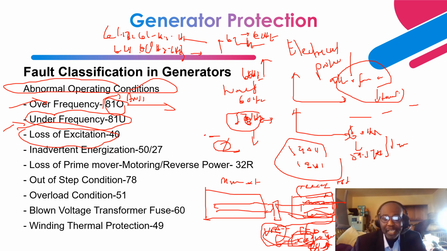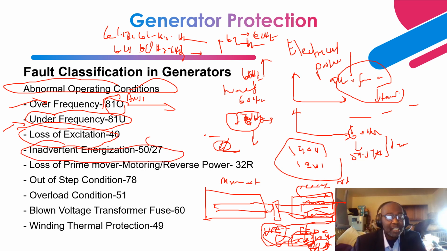But if you should lose the magnetic field, then your impedance drops and falls into this ohmic circle. Then that is when this protective relay element detects a fault due to loss of excitation and trips the generator.